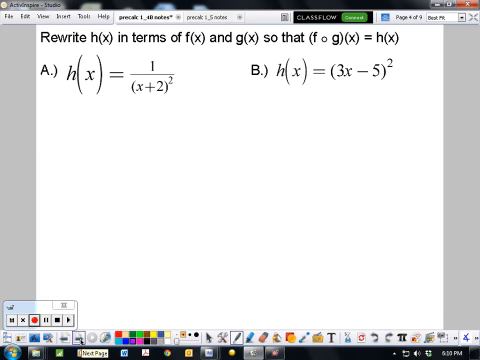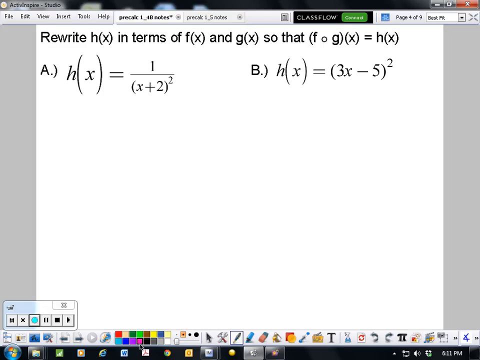Okay, so now we're going to do a little bit of creative thinking. And in these ones, you're going to find that you have multiple options here, but we're going to look for simpler options. We're going to rewrite h of x in terms of f of x and g of x, so that our composition of the two gives us h.